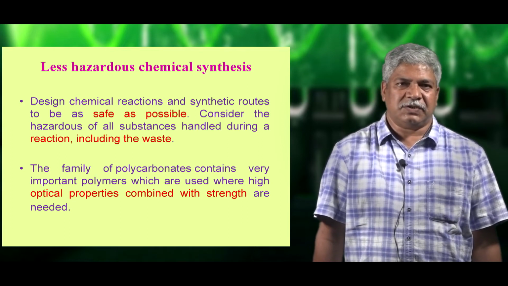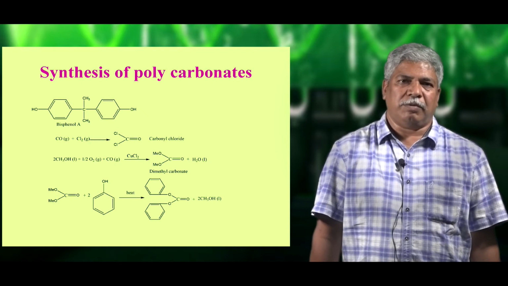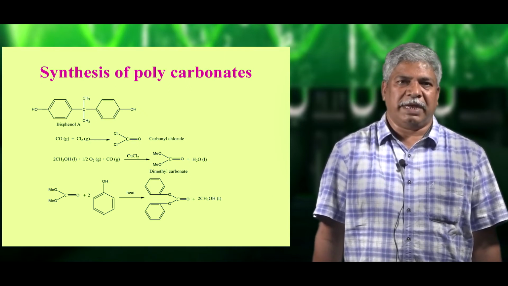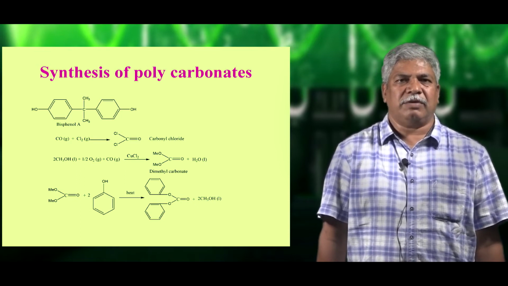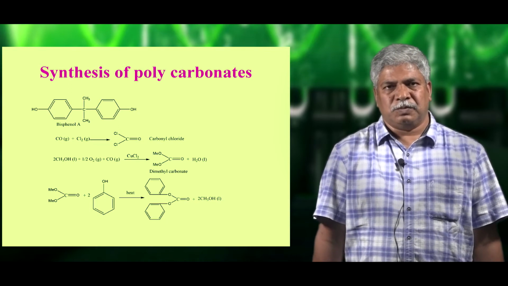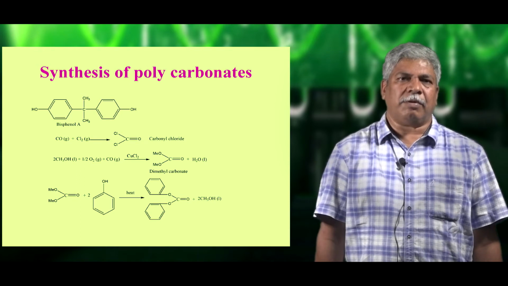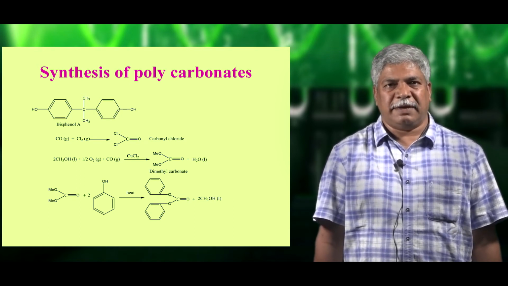Let us discuss this principle with some examples. You would have heard about polycarbonates. Normally polycarbonates have very good optical properties and very good strength also. Normally polycarbonates are synthesized from bisphenol A.